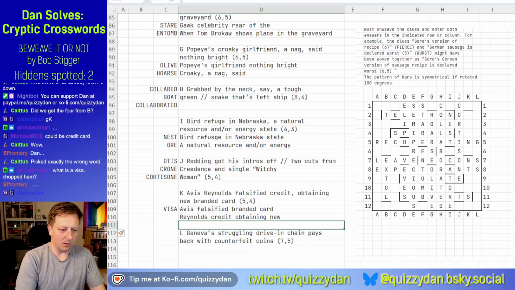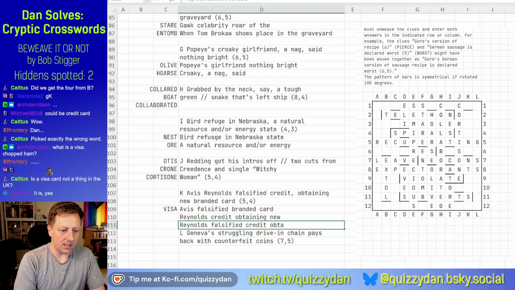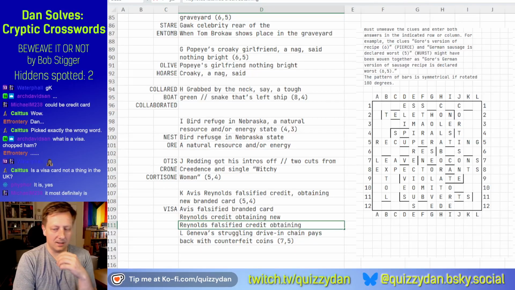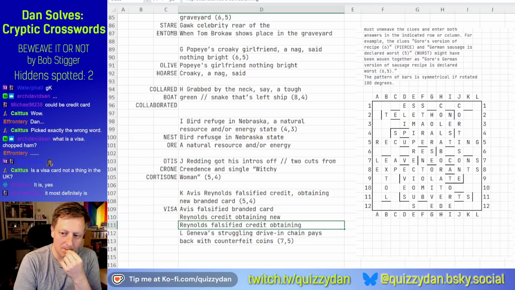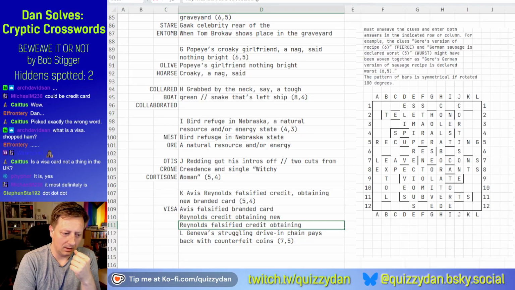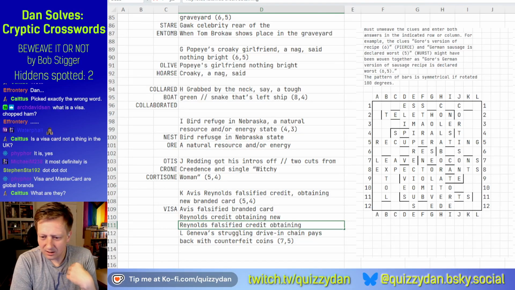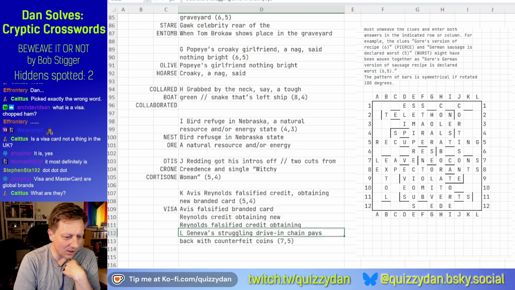So what was the other option? Reynolds falsified credit. Obtaining. Possibly branded. Visa? Oh, visas are everywhere. Credit. Is it a hidden? Needs an N. Where's the N going?